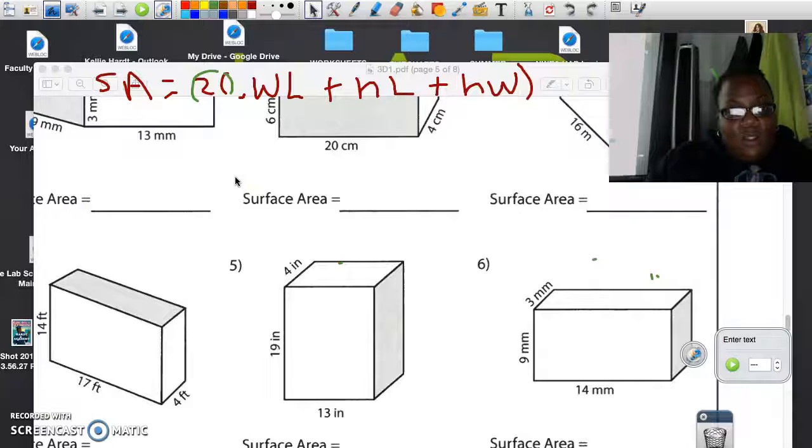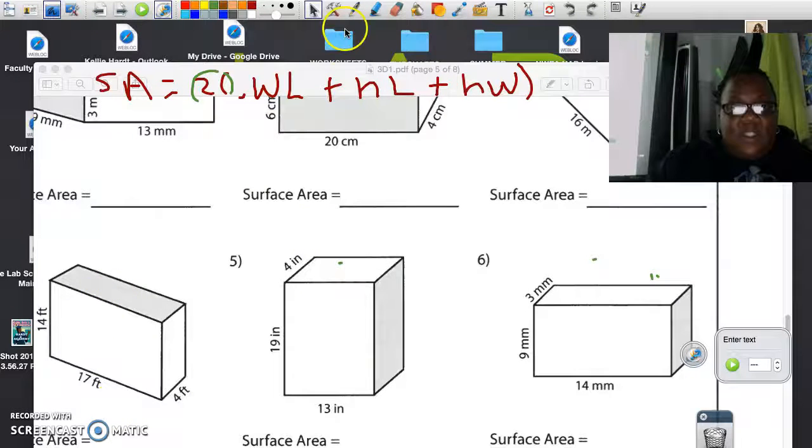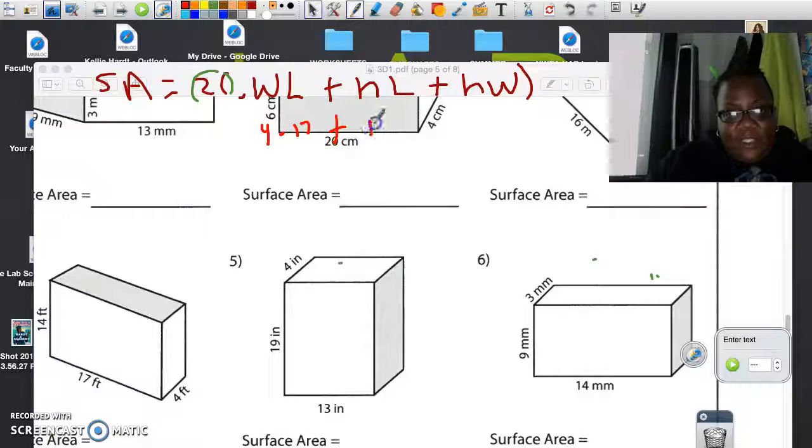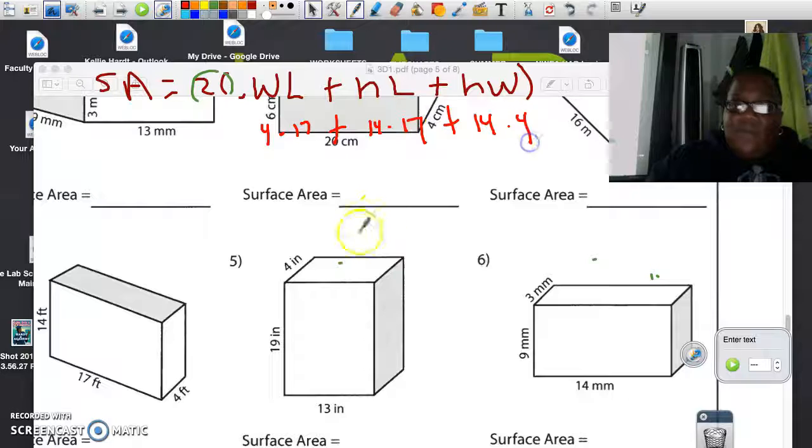Okay, so this one, 14, 17, and a 4. So width is 4, length is 17, plus the height, which is 14, times the length, which is 17, plus the height, which is 14, times the width, which is 4.